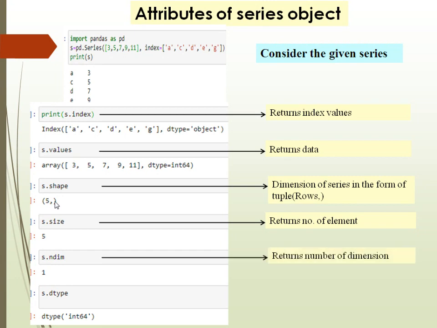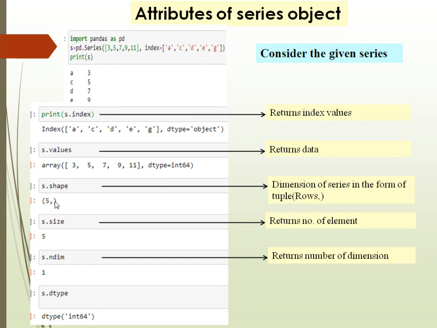Next is ndim, going to tell you the number of dimensions. It is only a 1D array. A list is a 1D array. In the series we created only a single list, so of course the dimension is 1.